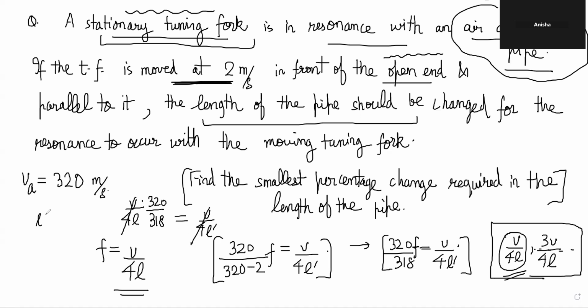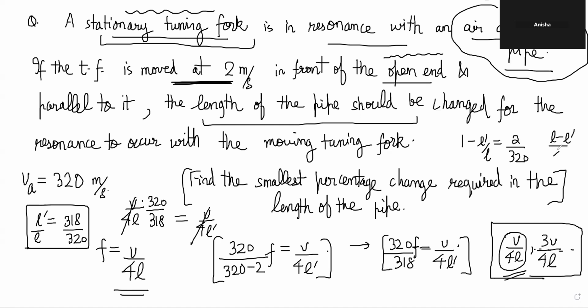So L dash by L is equal to 318 by 320. Is it clear what is happening? So 1 minus L dash by L will be 2 by 320, which is L minus L dash by L, which is 2 by 320.